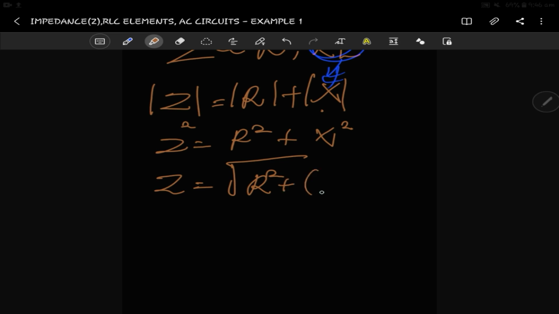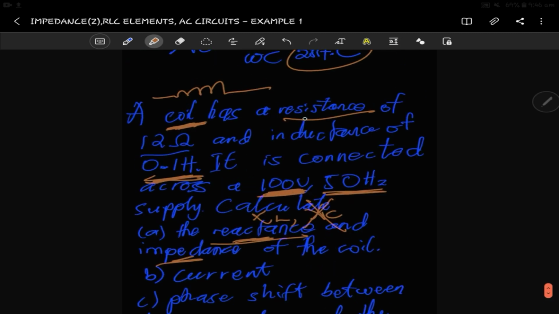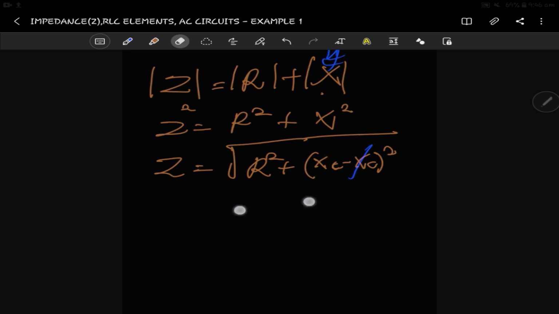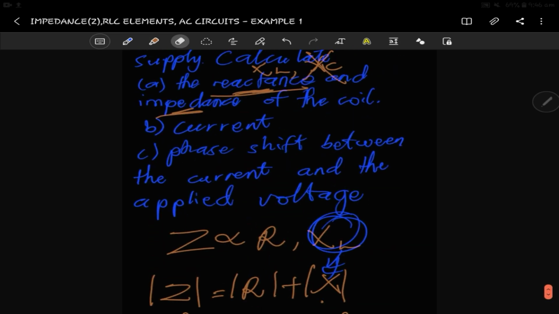Generally, if we had some other element, it would have been XL minus XC, and then we square it. But this circuit has only resistance and inductance, so the XC part goes away and it becomes only this. So that's how we find the Z.